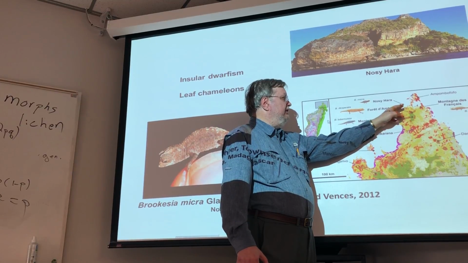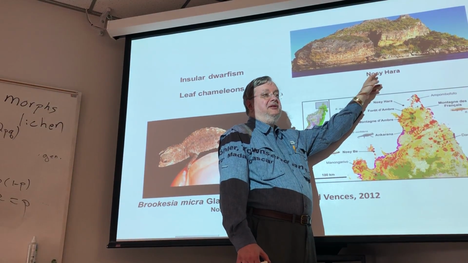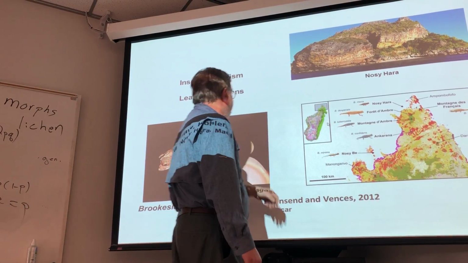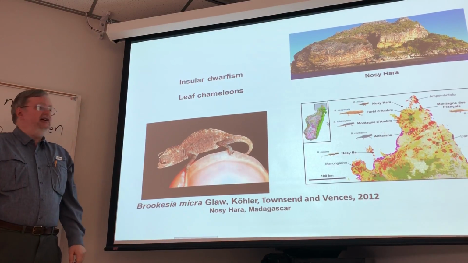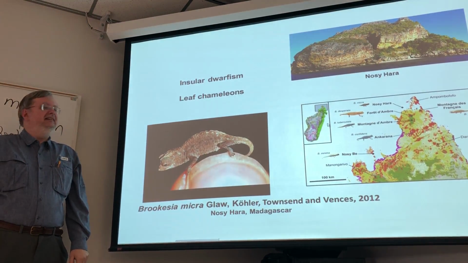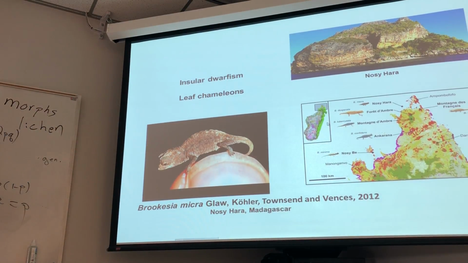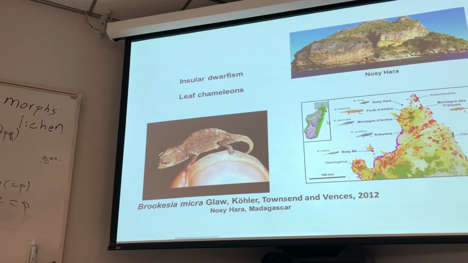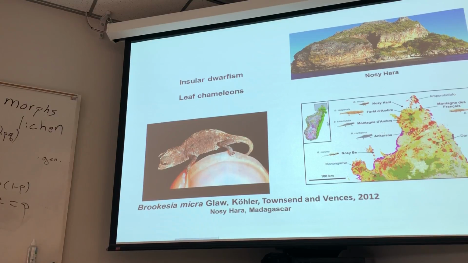And then this little island, which is called Nosy Hara, I don't think this has anything to do with noses, it's probably something in the native language there, which is a small island. That's a fully adult gecko on that island, because the entire species is found on that island. The smaller the island, the more they tend to have evolution of smaller geckos.